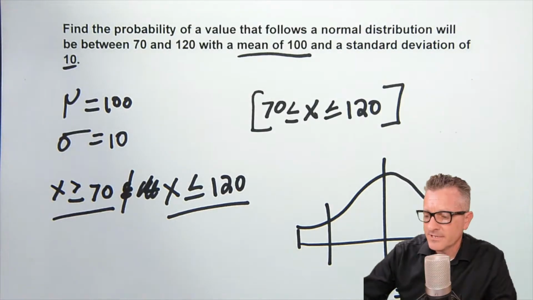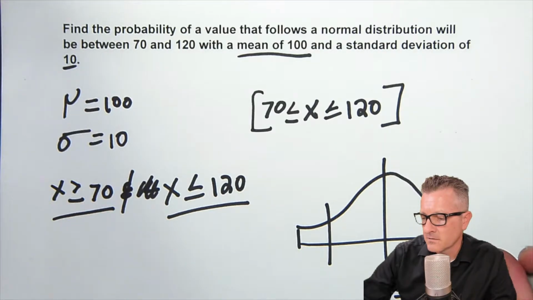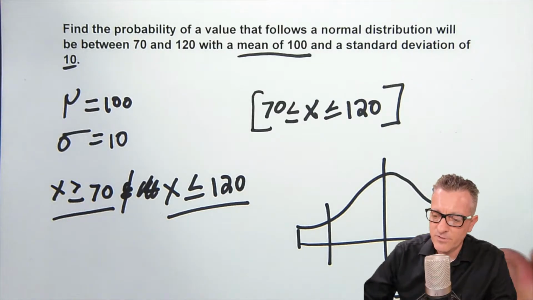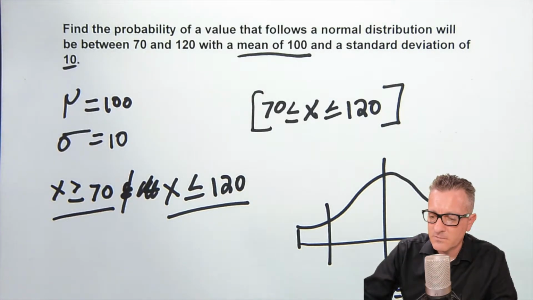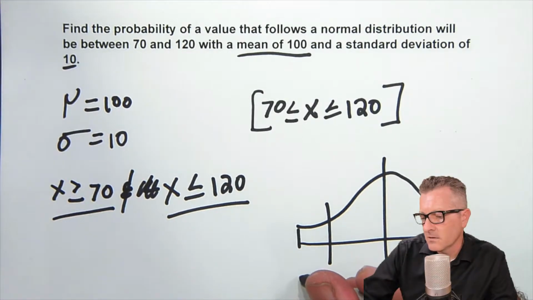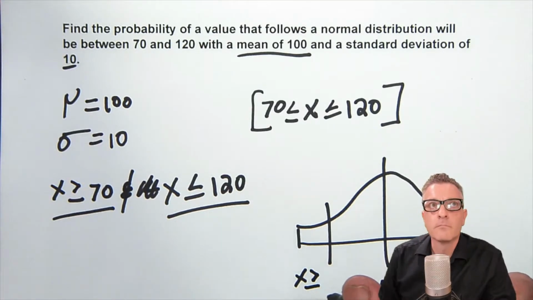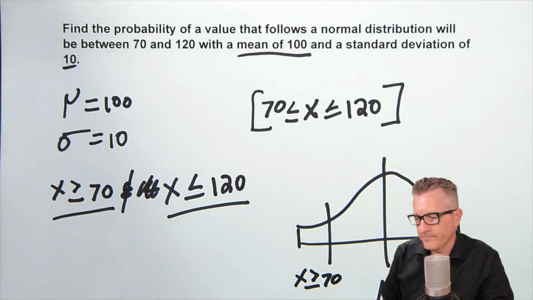On the right side, we're going to write x is less than or equal to 120. And on the left, x is going to be greater than or equal to 70. I'll scoot up a little bit.